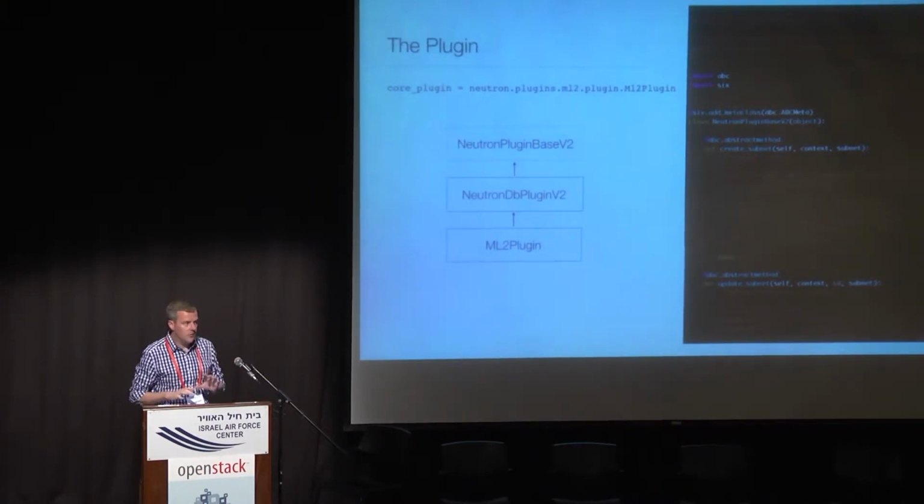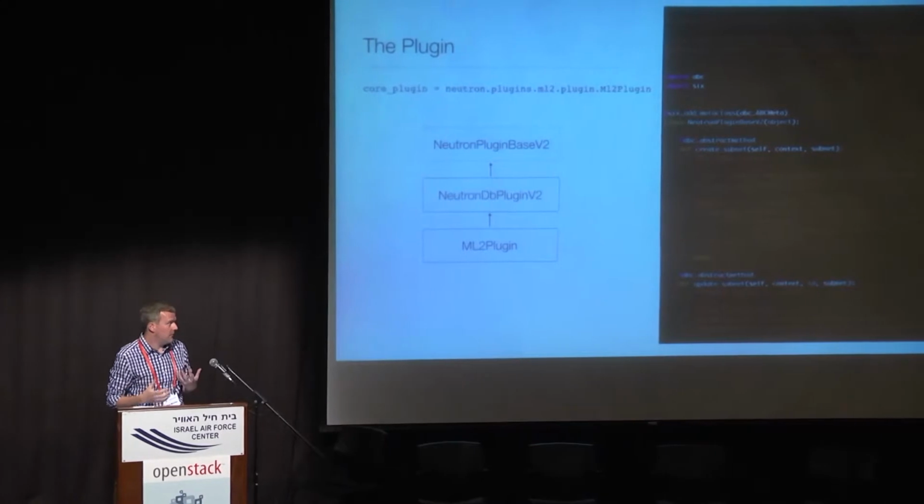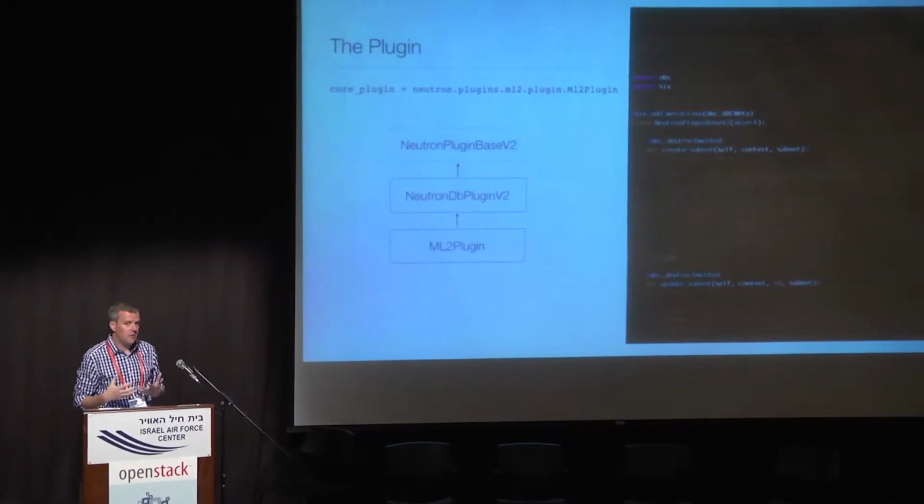If you're familiar with Python, you'll notice it's an abstract class, with no implementation whatsoever other than the interface. The middle class, the DB plugin, is a common class the Neutron team wrote to provide a common database caching layer for the plugin implementations. We did this to make it easier for vendors to implement their solution.